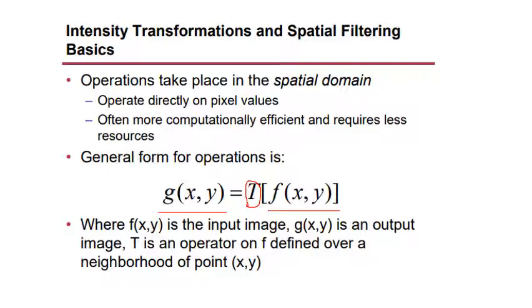It could be something like performing the element-wise sum of a sequence of images for noise reduction, for example. Basically, we want to do image enhancement. So it could be on a single image, or on the pixels of a set of images, such as when you want to do an element-wise sum of a sequence of images for noise reduction.